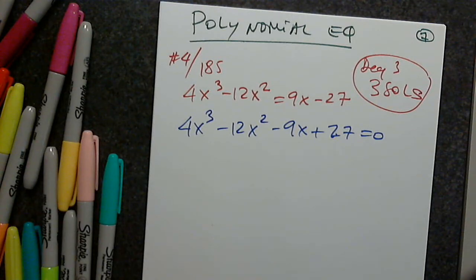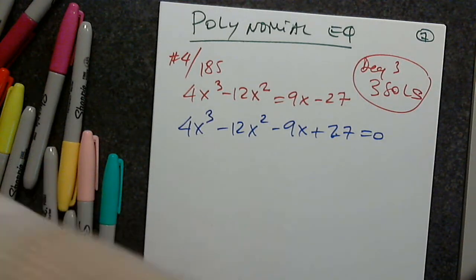We have a strategy for the first one, we have a strategy for the second one, and a totally different strategy for the third one. It is a polynomial with four terms. How do I factor it? By grouping. Very good. Excellent.